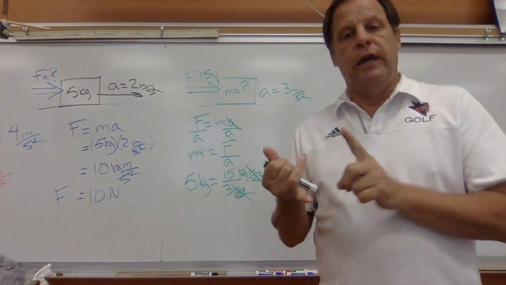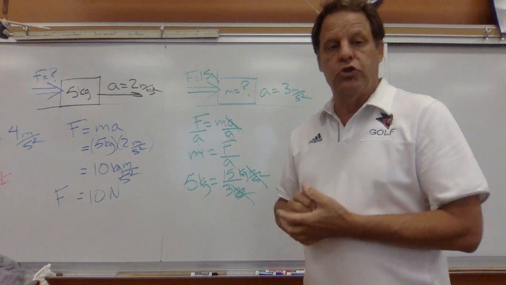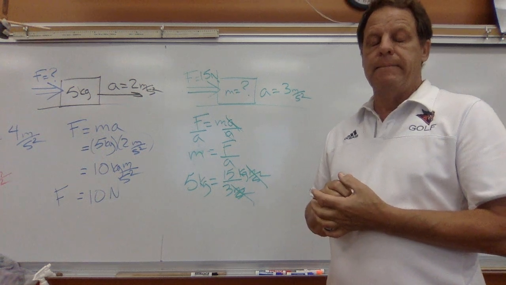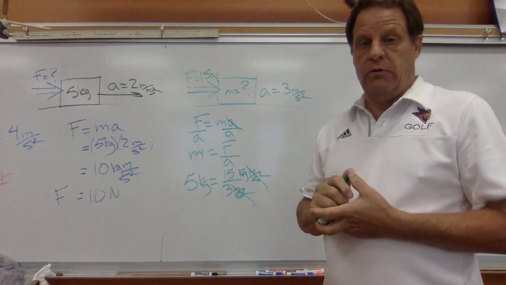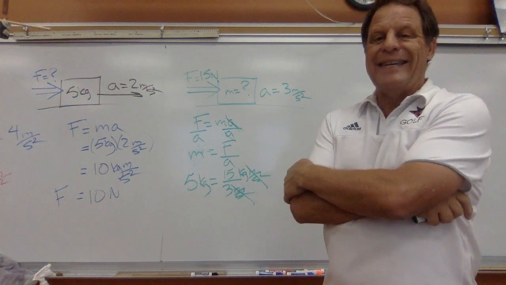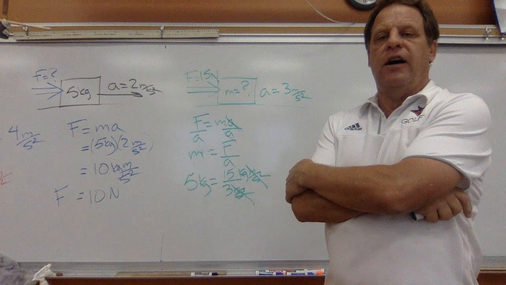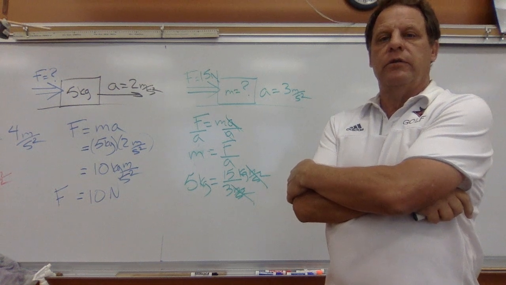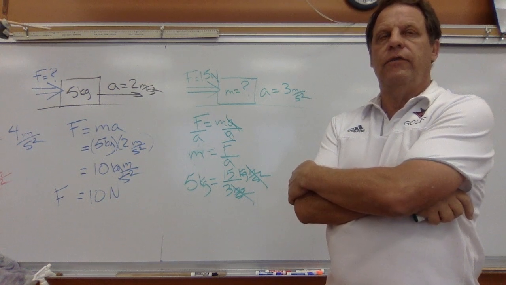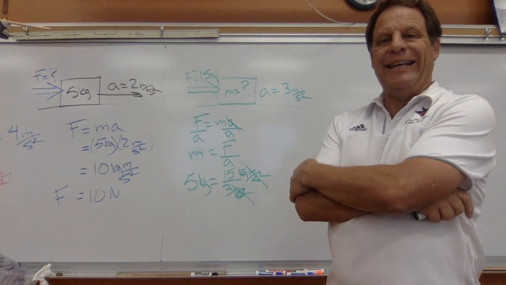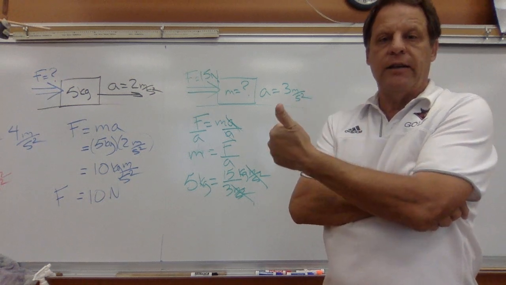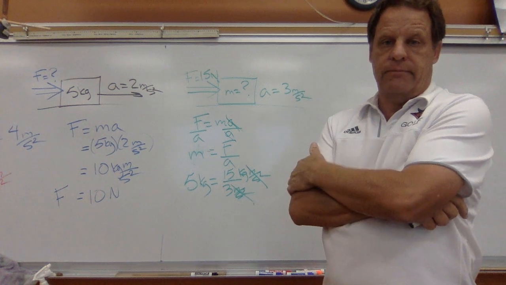Okay, to review, a force is just a push or a pull, okay? Now, a push or a pull is going to have a direction. So what kind of number is acceleration? Is it a scalar or a vector?